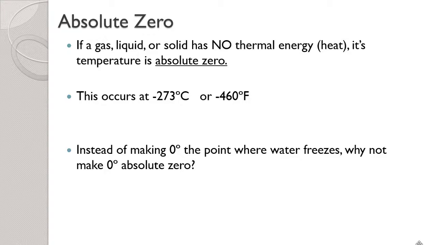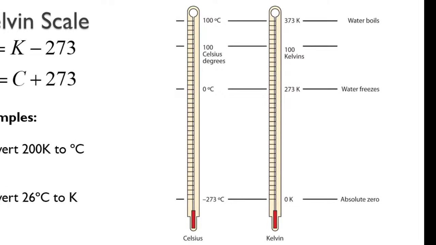So then you might ask, well, rather than making 0 the point where water freezes on the Celsius scale, why not move the 0 all the way down to absolute zero? Well, you can, and that gives us the Kelvin scale. So if you look at this picture, you can see that the Celsius scale and the Kelvin scale are exactly the same, except we move 0 from up here at the freezing point of water down here to absolute zero.